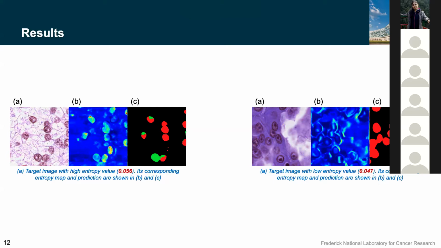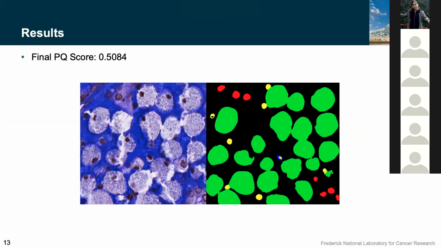So I think these images show that lowering the entropy value actually helps to address the color difference between the training and testing images. And this is our final prediction on one of the testing images. Our final PQ score was 0.50.